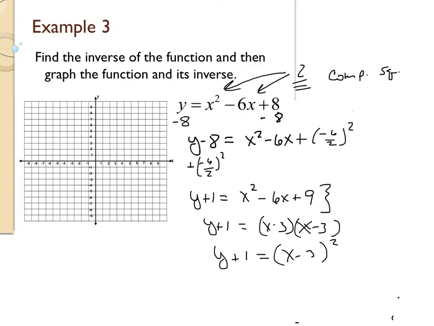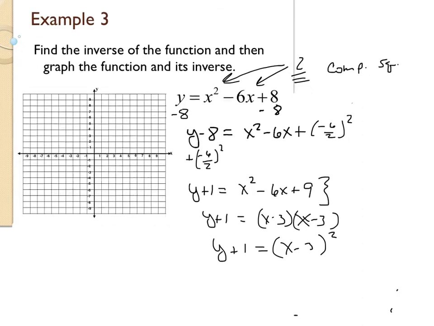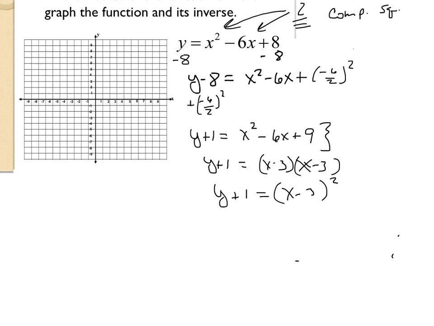And then now I'm going to switch both my terms. So I'm going to switch my x and my y's, and then just solve for y. So notice that the x and the y are being switched. They switch spots.